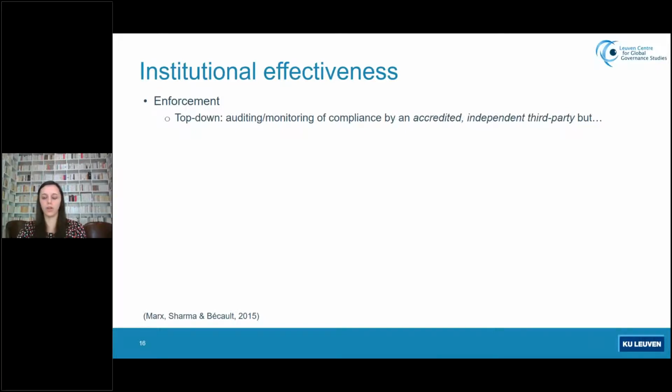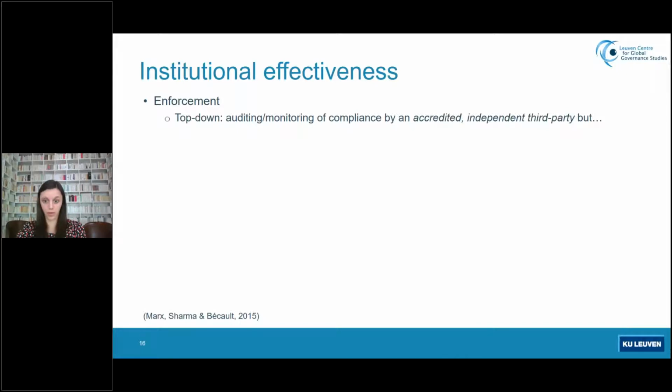So that's what we saw at the beginning of the lecture with firms' codes of conduct, for example. So firms set up their own standards or commitments, and they on their own monitor their progress on those commitments. And so this is considered the least credible form of monitoring because, well, it's basically only self-regulation.